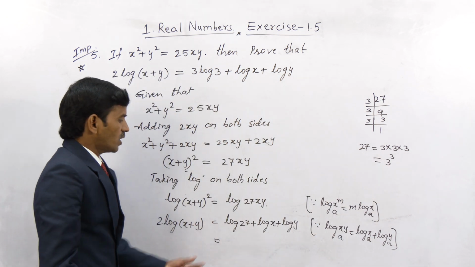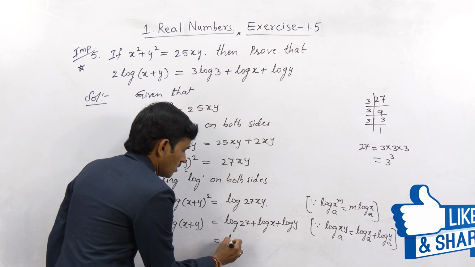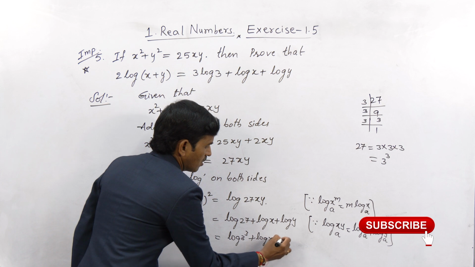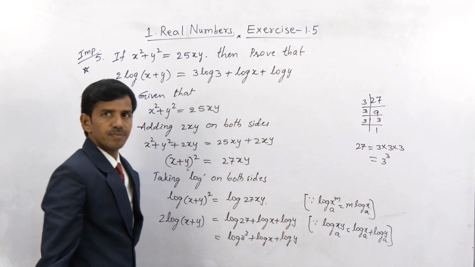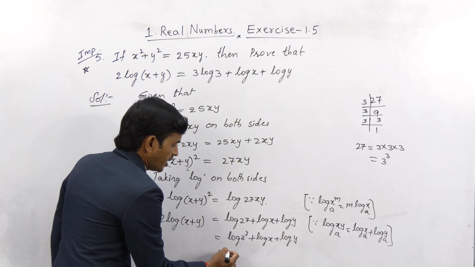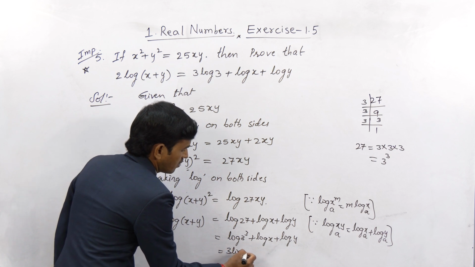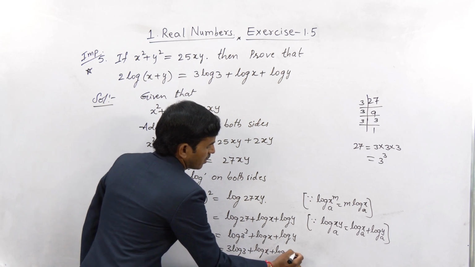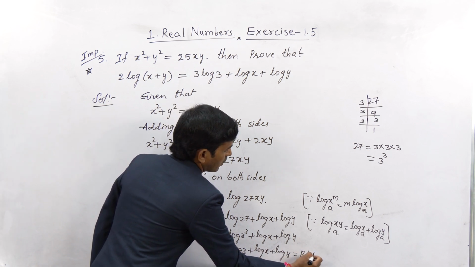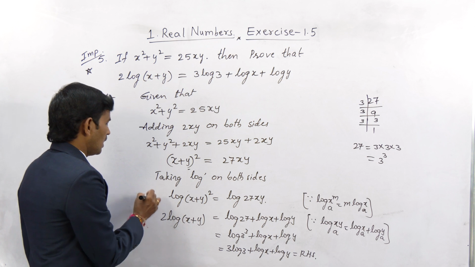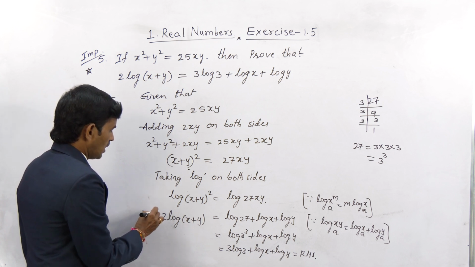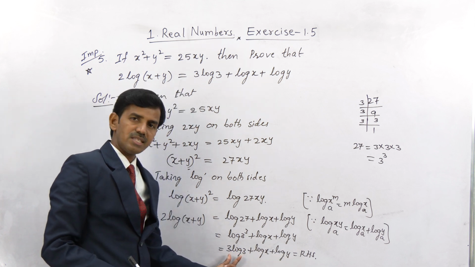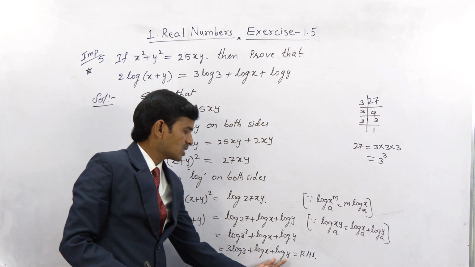So what can I write here? 27 means log 3 power 3 plus log x plus log y. Now this can be written as 3 log 3 plus log x plus log y, which is the required RHS for the given LHS. So the LHS is 2 log of x plus y, and we got the required RHS as 3 log 3 plus log x plus log y.